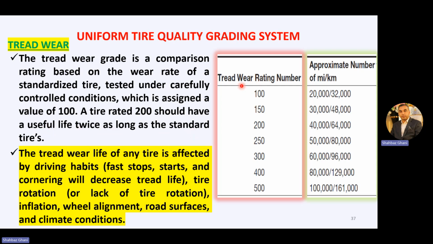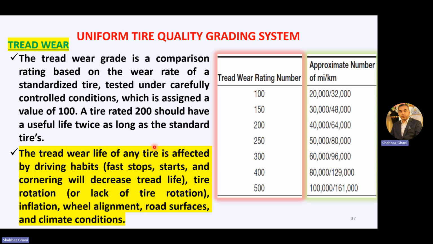If your tire has a tread wear rating of 100, it can approximately cover 20,000 miles or 32,000 kilometers. If it is 200, then twice the original values. Now, in our example, we have a value of 300, so approximately it can cover 60,000 miles or 96,000 kilometers.